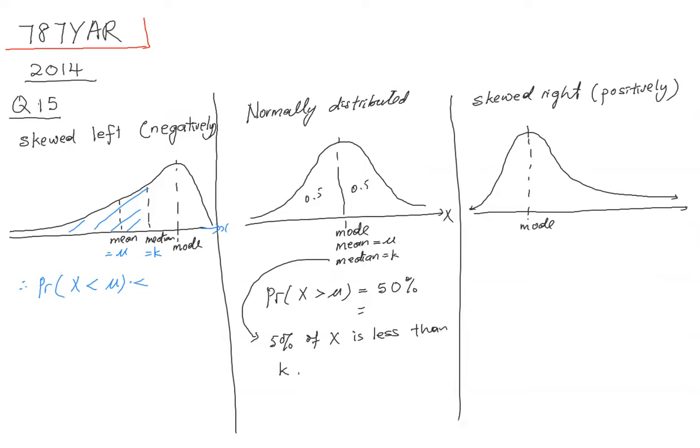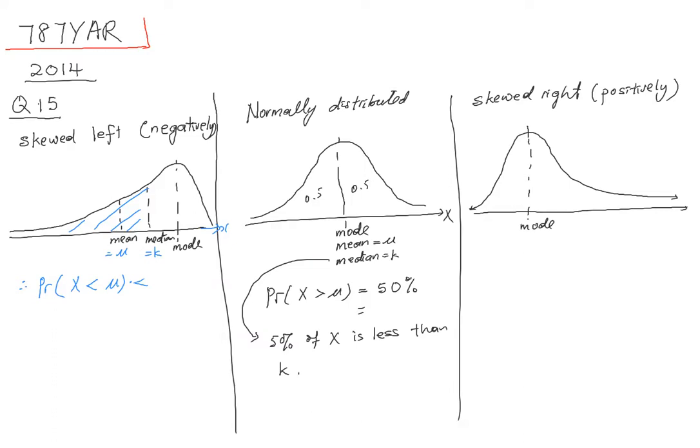Ethan, can I have the answer? Less than K? Cannot. K is the value of X. I'm talking about the probability. Oh, sorry, miss. 0.5.